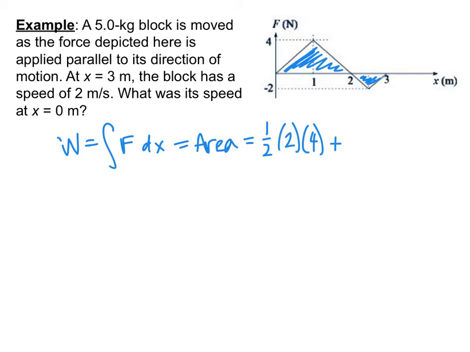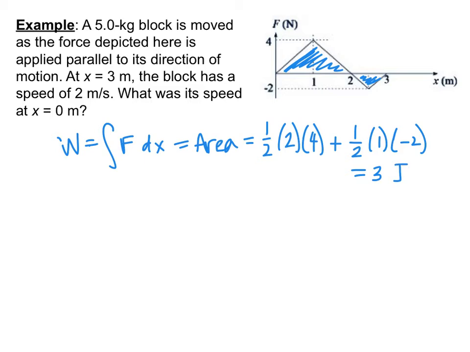And then our next triangle, some people like to put a negative here, which you can. Just think about I'm subtracting because it's below the axis. Or you can say that the base is 1 and the height is negative because it drops below the axis. So I'm going to put a -2 here. But either way, we get 3 joules as our work.